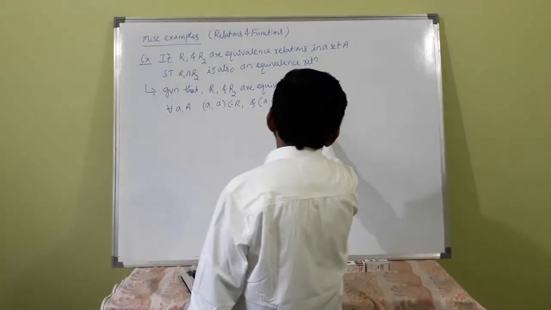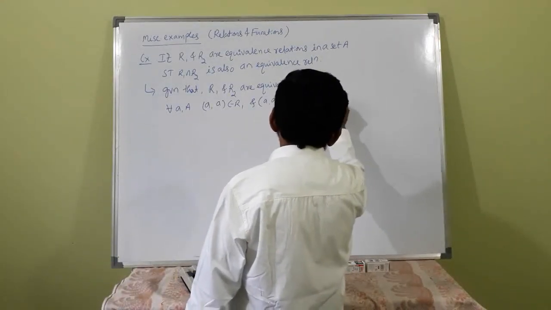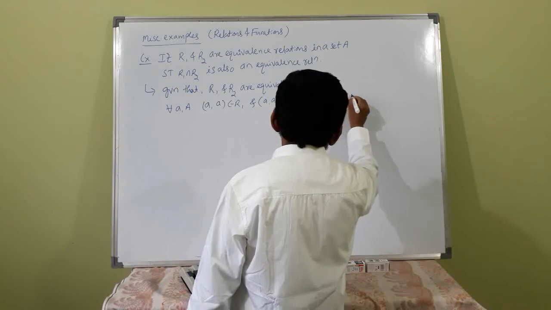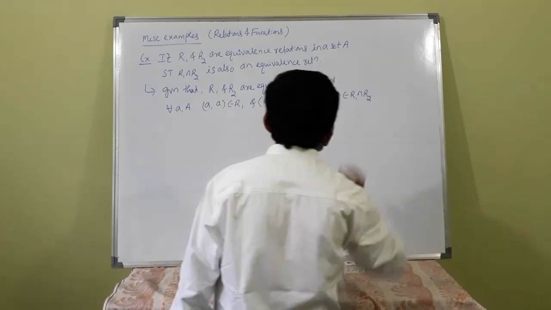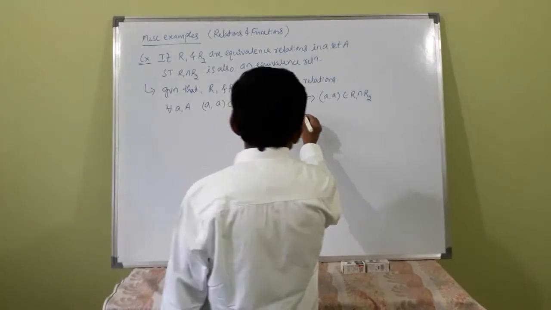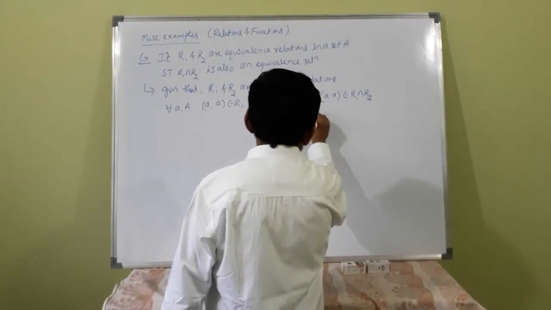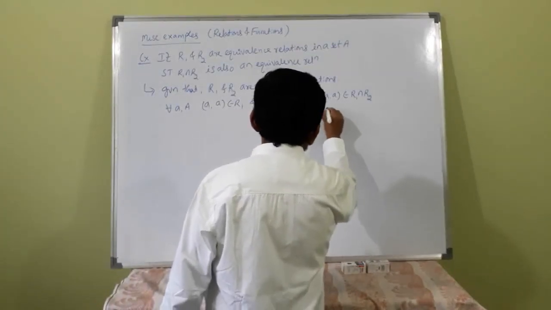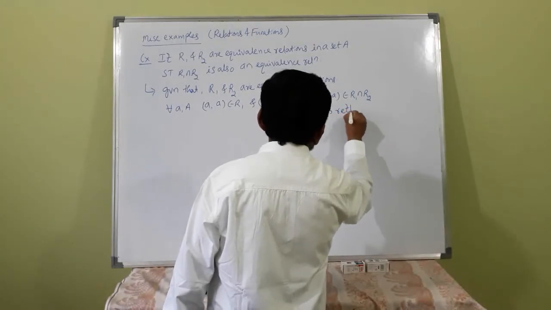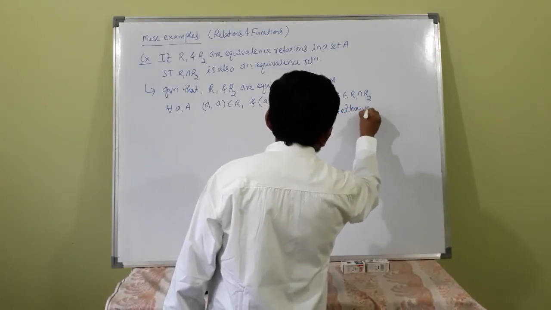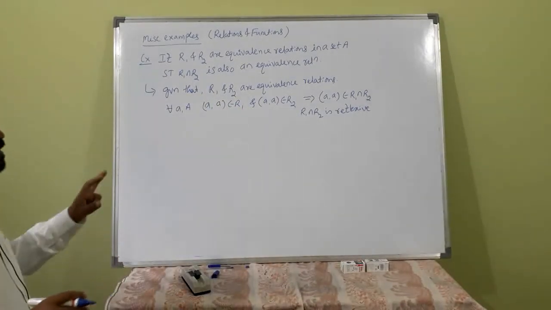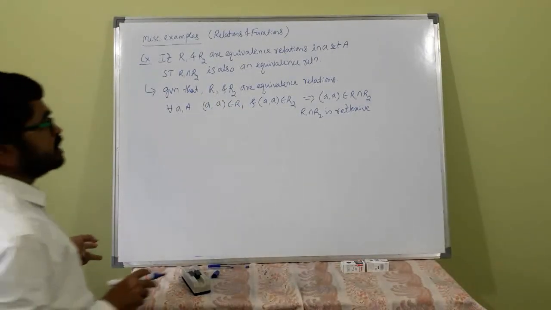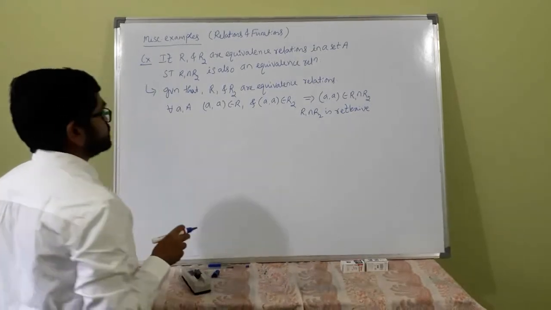That implies (a, a) belongs to R1 as well as R2, so to the intersection. Therefore, R1 intersection R2 is reflexive. Since R1 and R2 are equivalence relations, R1 and R2 are reflexive, and its intersection is also reflexive.